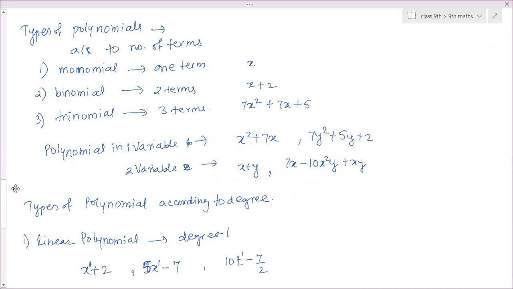Right now, we are considering only 4. Ma'am, what do you write for the types of polynomials below that? According to number of terms.